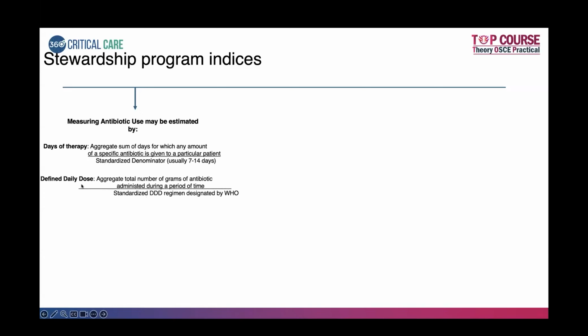Then we have something called the defined daily dose. That is the aggregate total number of grams of antibiotic administered during a period of time divided by the standardized defined daily dose regimen designated by WHO. So these are the two indices that can be used to assess the antibiotic usage.